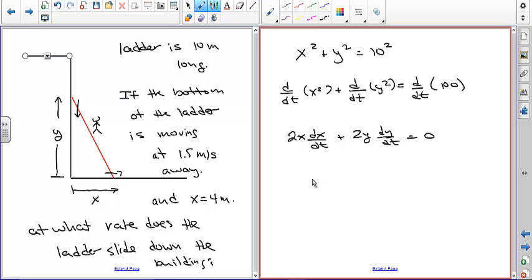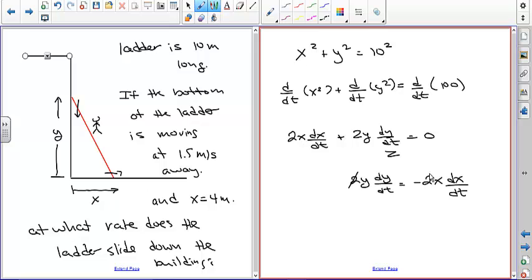And we can solve, in this case they want what rate does the ladder slide down the building. So that's what we're trying to find, dy dt. So let's solve for dy dt. So move the dx dt term to the right hand side.